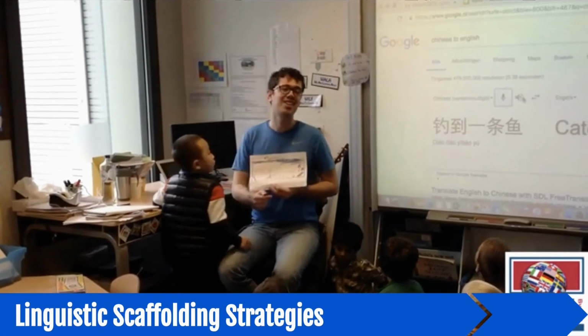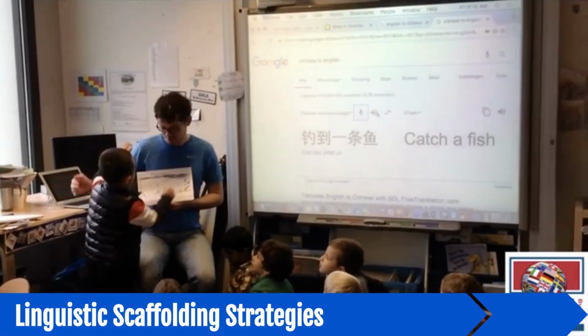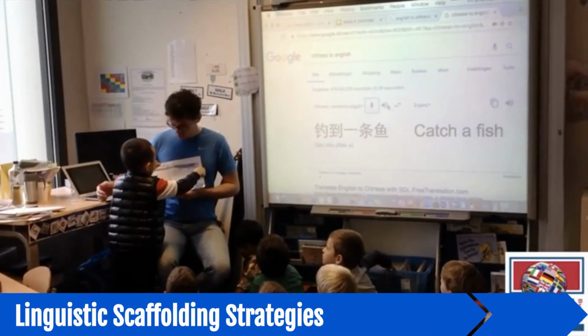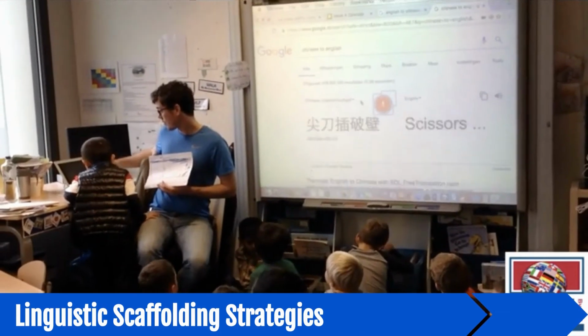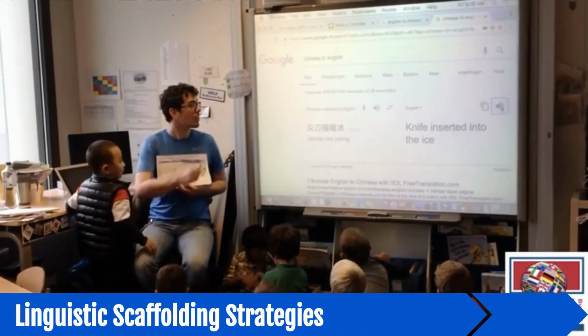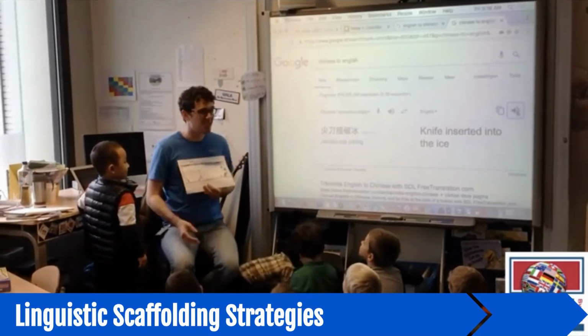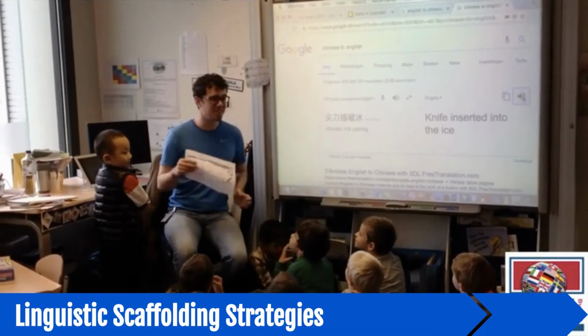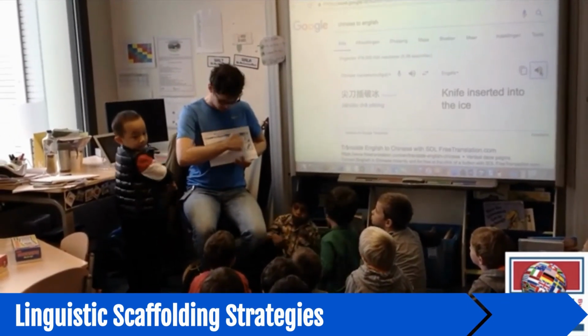Catch a fish. Okay, so in Zihan's story, he's going... Oh! Right, okay. Inserted into the ice. So, guys, this is Zihan's story. Okay, so the knife cuts through the ice.